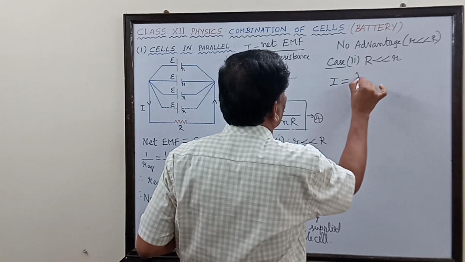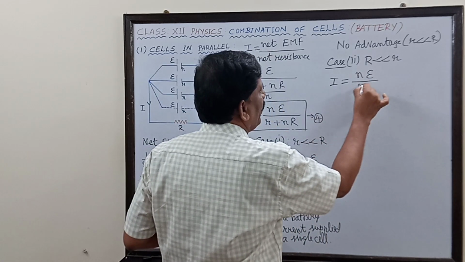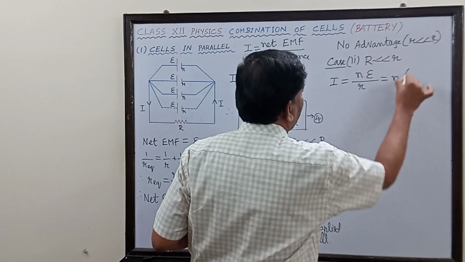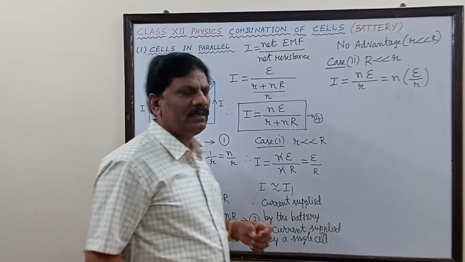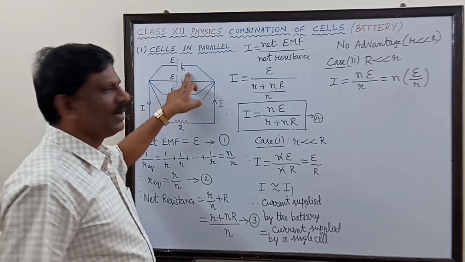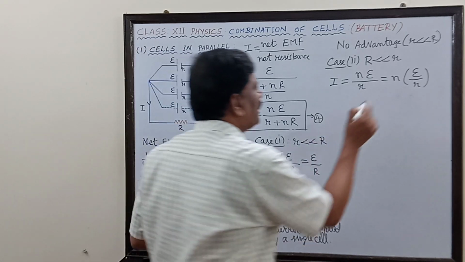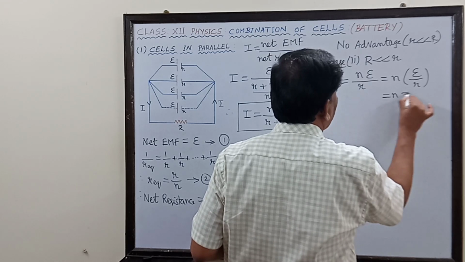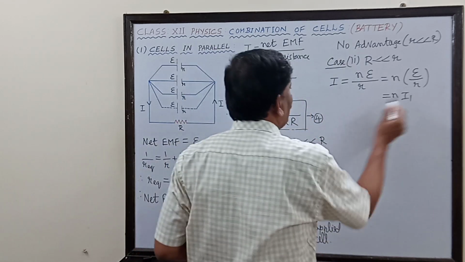I is equal to n times E divided by small r. The EMF E divided by small r is also nearly equal to what? The current supplied by a single cell. So this can be assumed to be equal to n times I1, where I1 is the current supplied by a single cell.